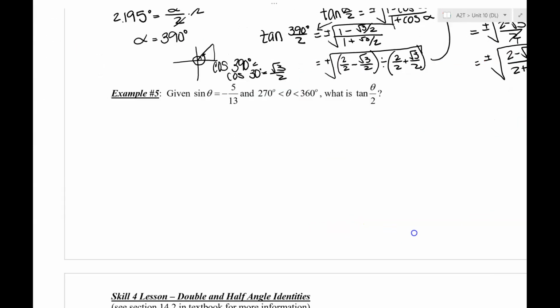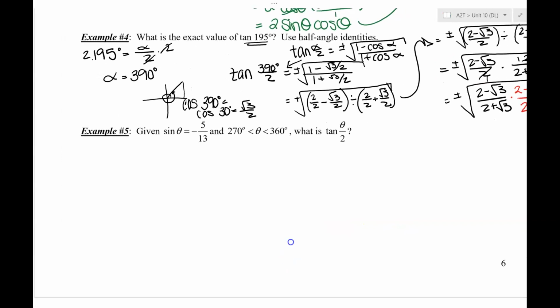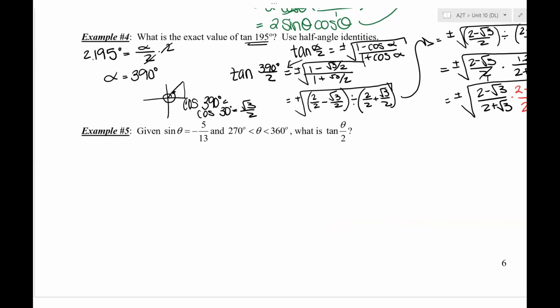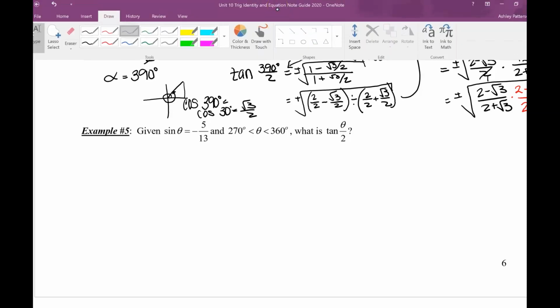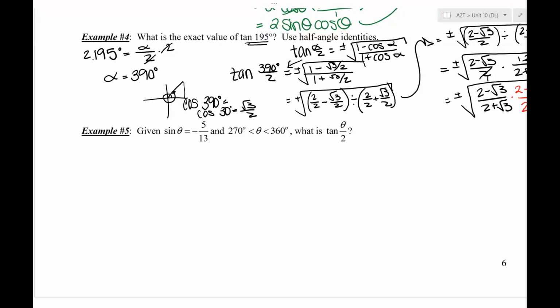Yes. All right. Last but not least, this is a different type of problem. Given that the sine of theta is negative 5 over 13, and theta is between 270 and 360. Right then and there, I know that I'm in the fourth quadrant, so I'm going to draw a triangle as if I was in the fourth quadrant with theta right there.